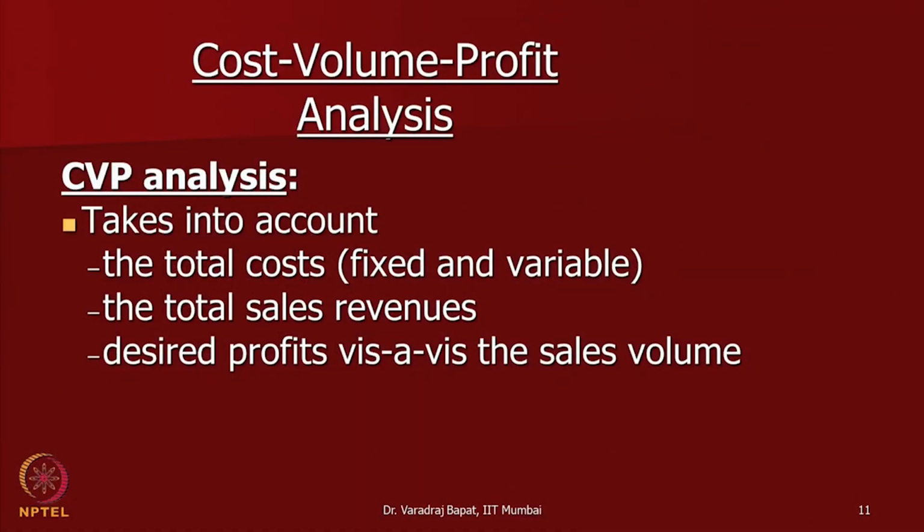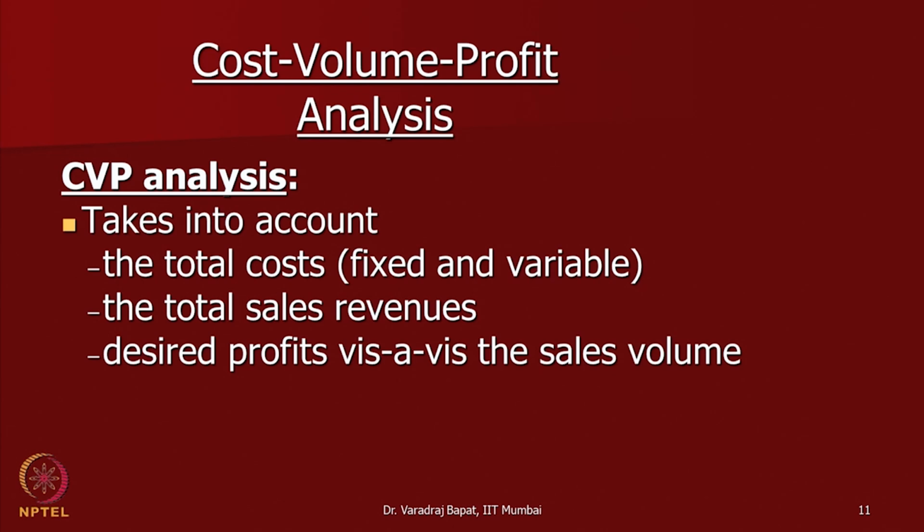Getting it? Now, going to cost volume profit analysis, let us understand what it takes into account. In CVP analysis we look at the total cost, divide it into fixed and variable, we look at the total revenue, then we look at the desired profit vis-a-vis various levels of sales volume.